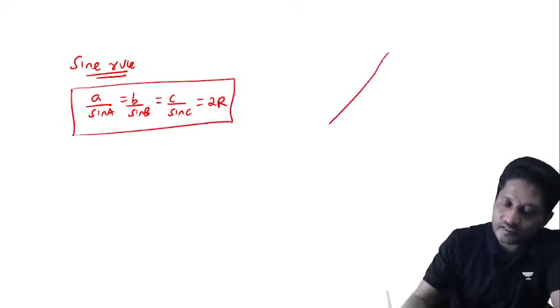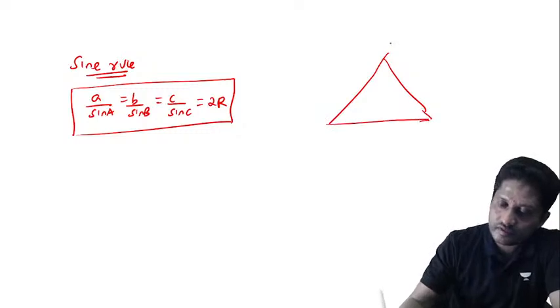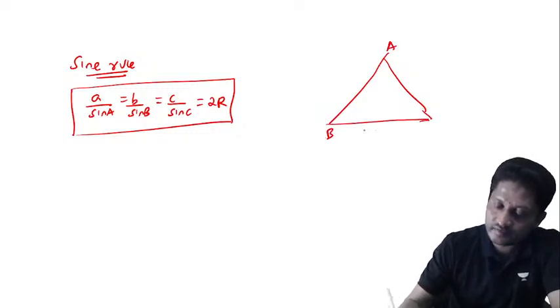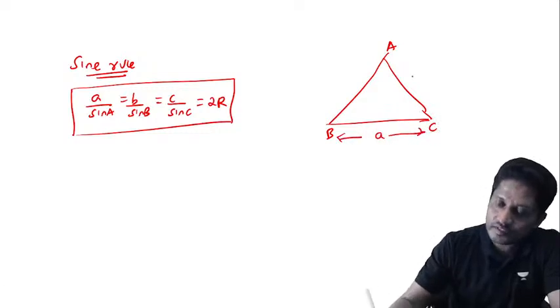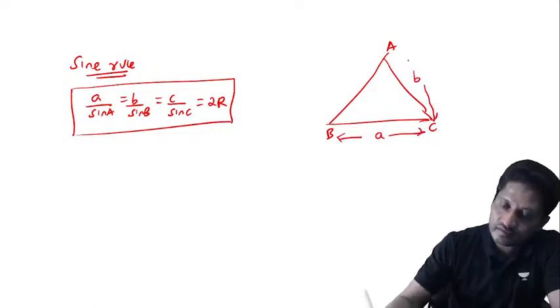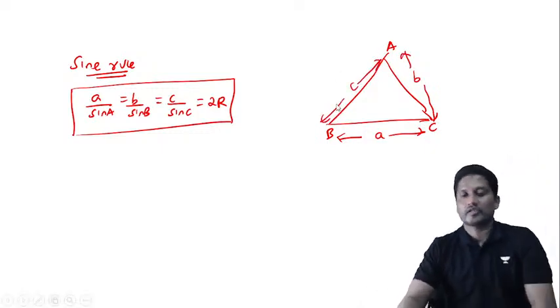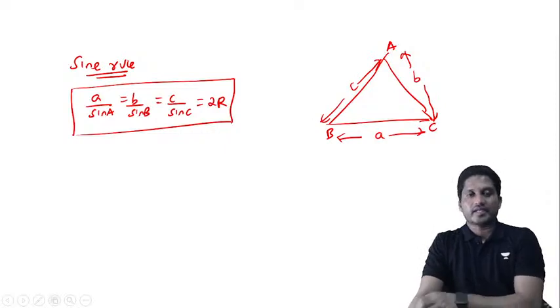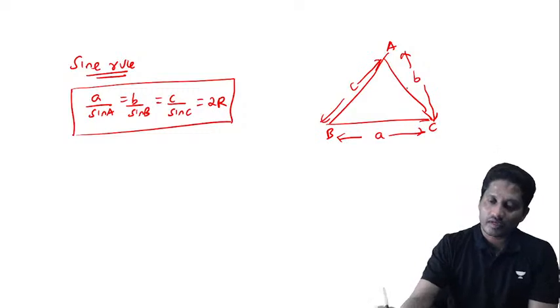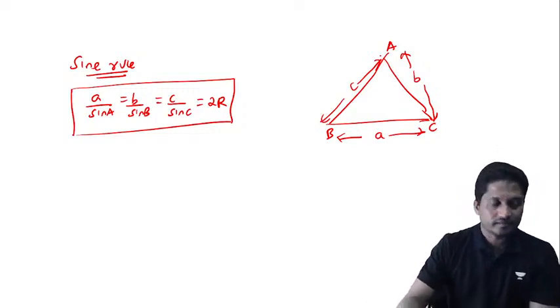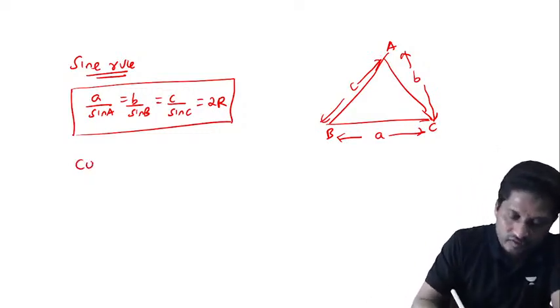If you take a triangle, suppose this is A, this is B, this is C. Opposite to angle A is side A, opposite to angle B is side B, and opposite to angle C is side C. Sides are proportional to the sine of their opposite angles. So R is the circumradius. Just remember the sine rule and cosine rule. The cosine rule, just now I gave you the formula.